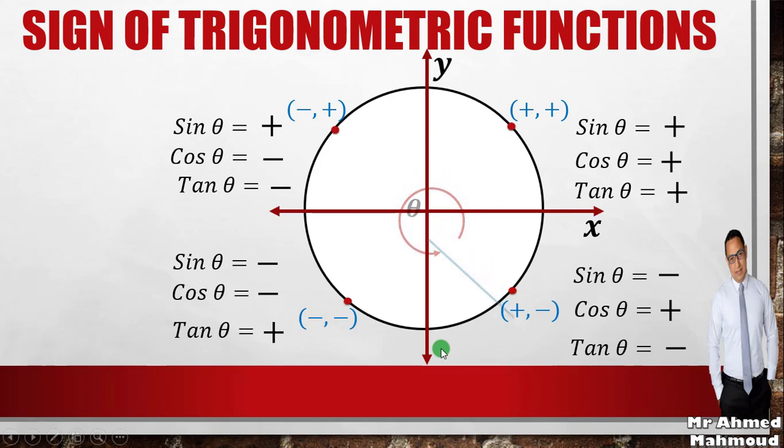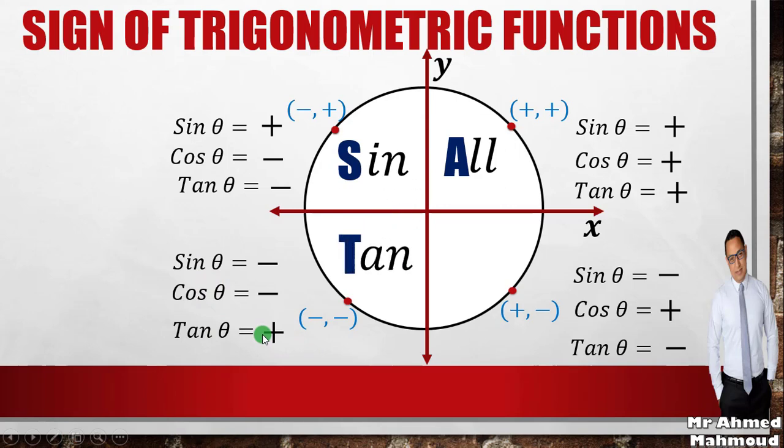So finally we can conclude this rule. Here in the first quadrant, sine, cosine and tan are all positive. Here in the second, only the sine is positive. Here in the third, only the tan is positive. And here in the fourth, the cosine is positive.